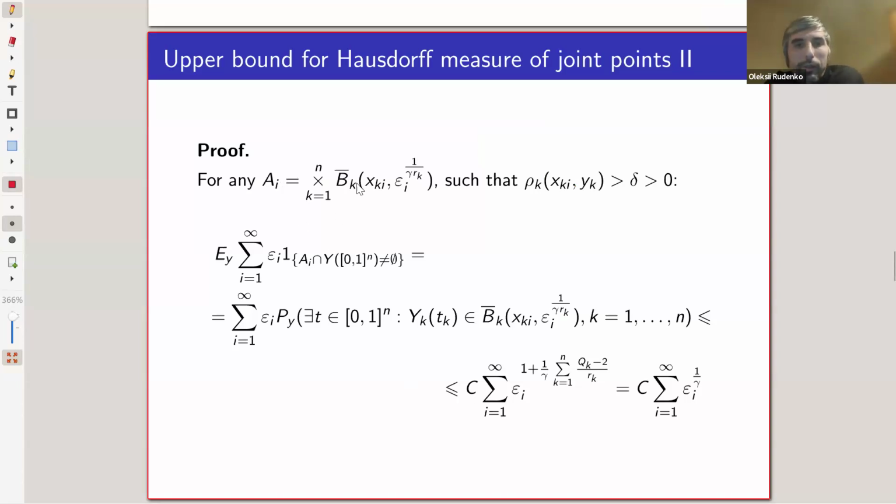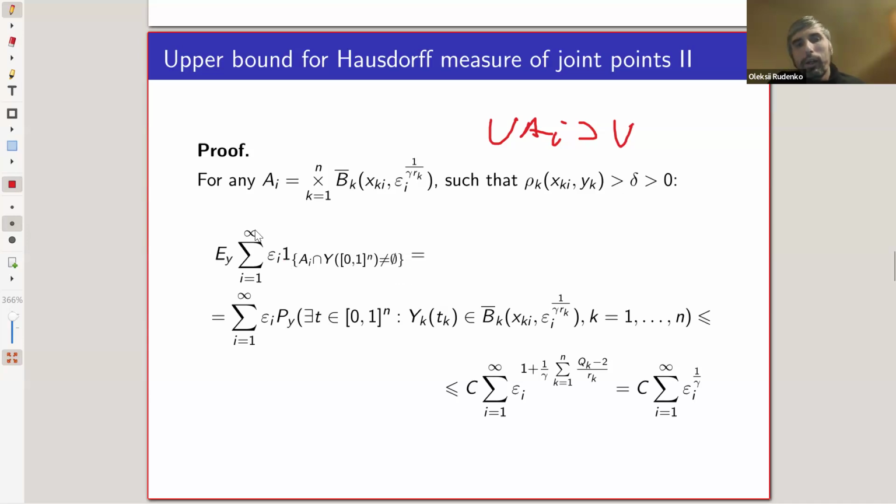We take some covering of the initial set V. You can assume that the union of AI covers V. So this is some covering of the set V, and then we can estimate the sum of epsilon I multiplied by this indicator.